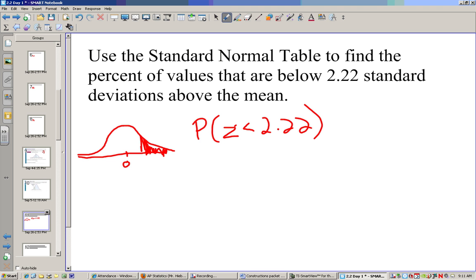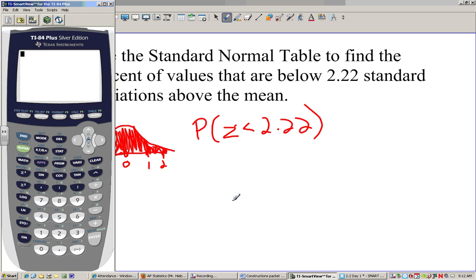So if I shade this in, if the area under this whole curve is 1, this is going to be really close to 1. I'd say 0.98, 0.99.